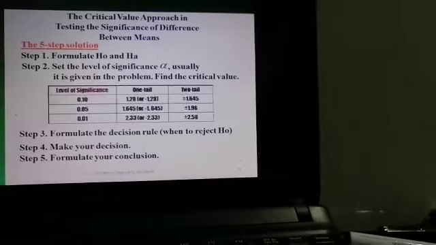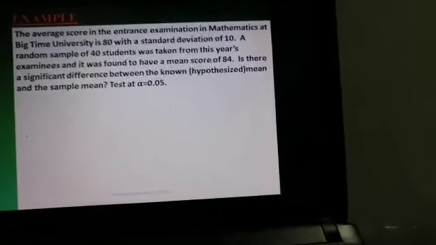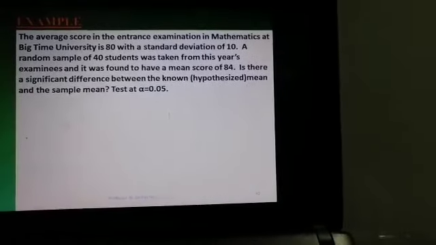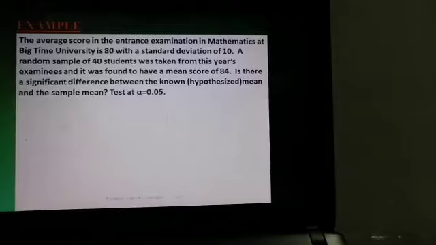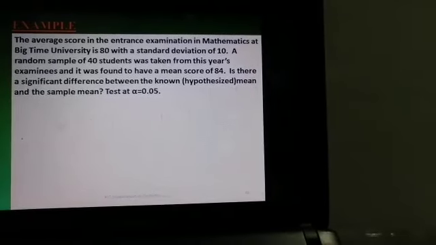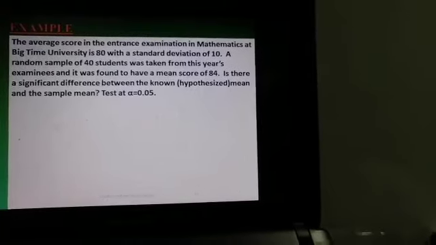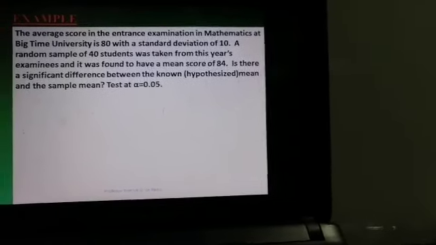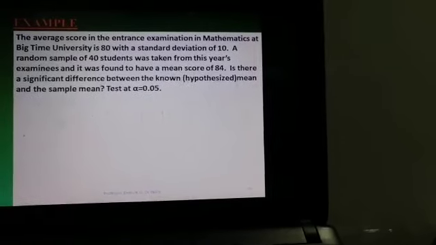Now for you to understand this fully, we have to take an example. So look at the example. The average score in the entrance examination in mathematics at the Big Time University is 80 with a standard deviation of 10. A random sample of 40 students was taken from this year's examinees and it was found to have a mean score of 84.